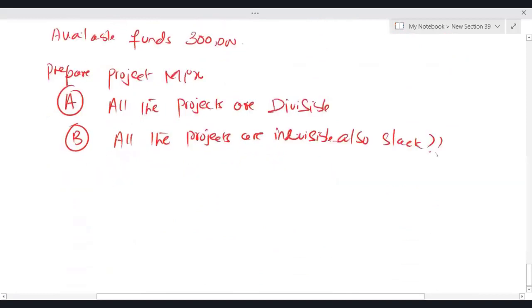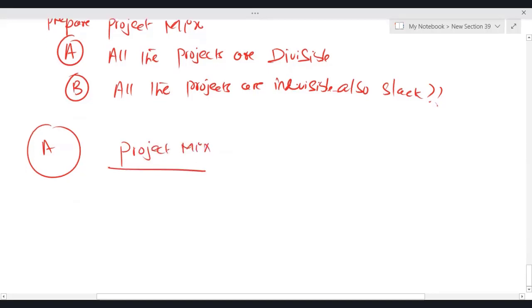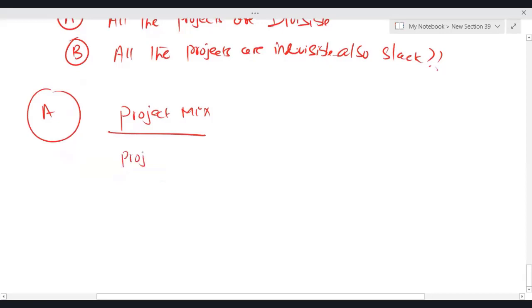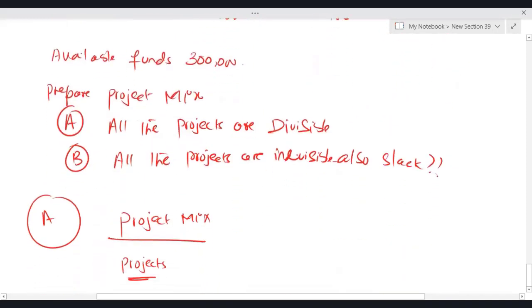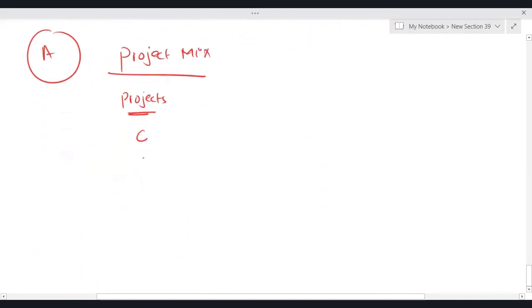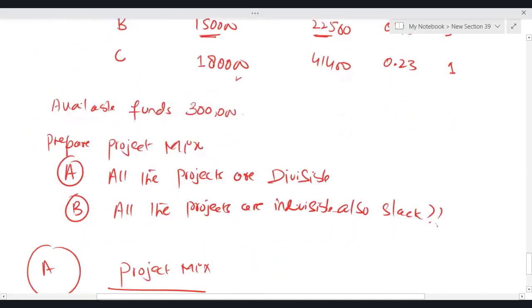Now let's make the project mix. So number 1 is going to be C, then A, B. Investment: Project C needs an investment of 1,80,000.